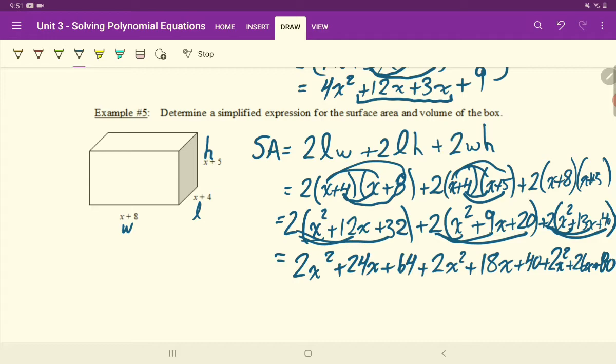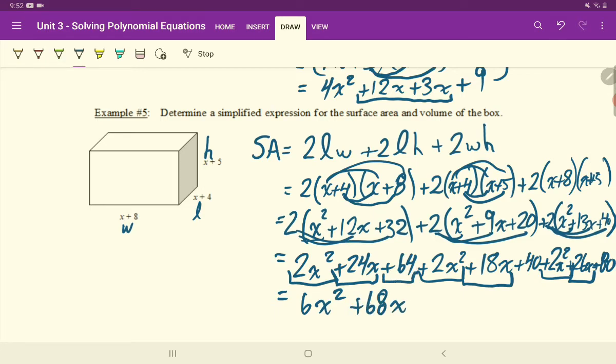Okay, now we can collect like terms. We've got rid of all the multiplication. All right, so let's collect. I have 2x squared plus 2x squared plus 2x squared for a total of 6x squared. Then I have plus 24x plus 18x, that takes me to 42, plus another 26x, that now takes me to plus 68x.